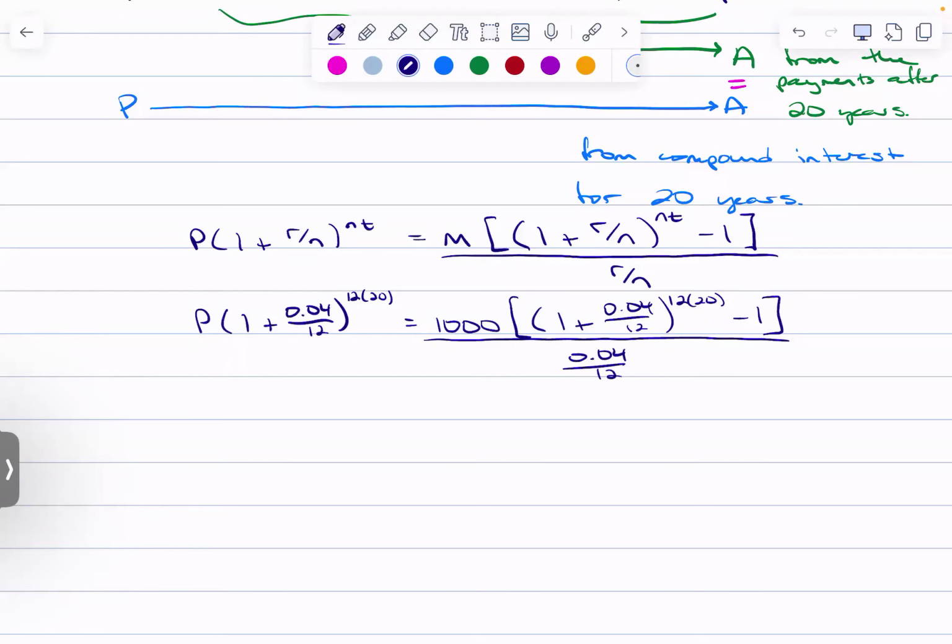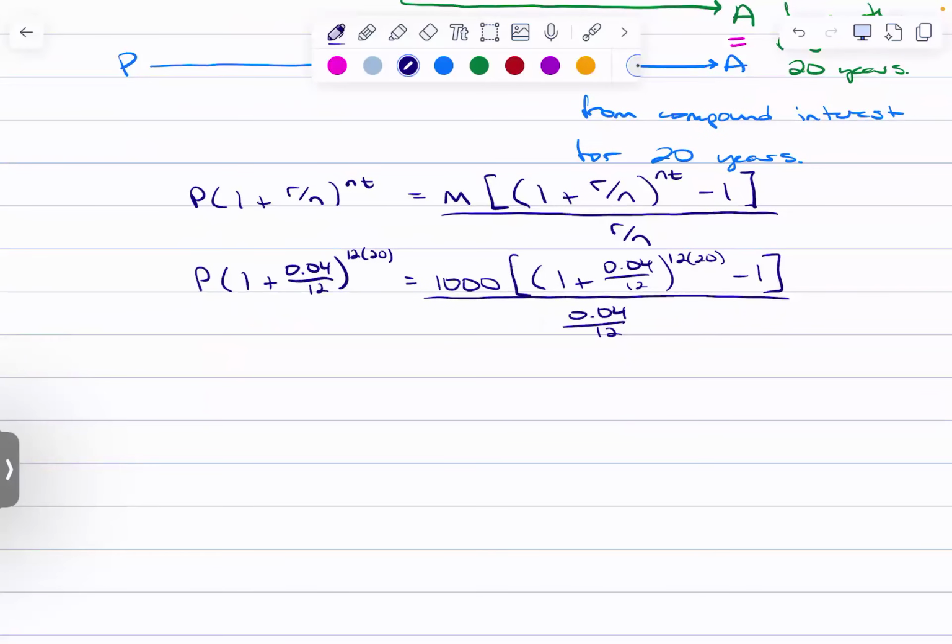12 times 20 is 240, and I hope 0.04 divided by 12 is bad. Ugh. Better store it. I was hoping. But if I do 1 plus 0.04 divided by 12 to the power of 240, right, that's going to be a nice number to store. Okay, because it comes back into play here, right?